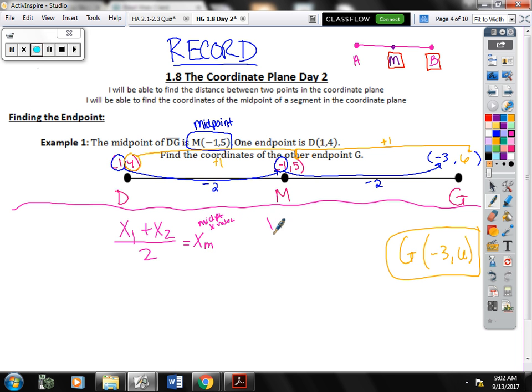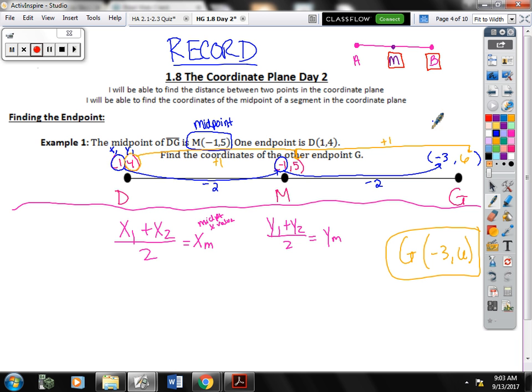And then I'm just splitting up that formula from yesterday into 2 formulas. So the y coordinate was y1 plus y2 over 2, and that got me my midpoint y value. So what you can do is you can actually plug in the values. Okay, this would be my x1, y1. The other endpoint would be x2, y2.